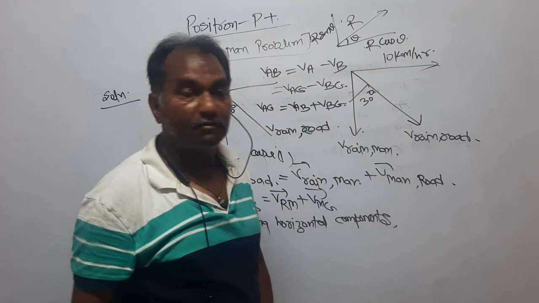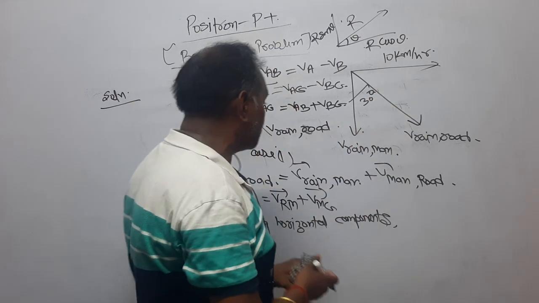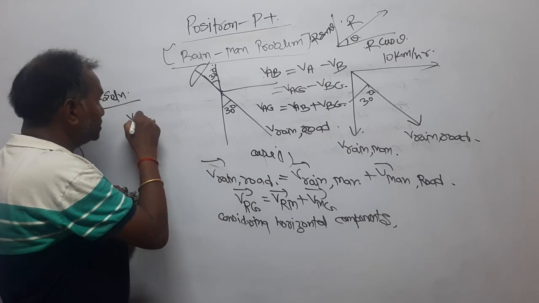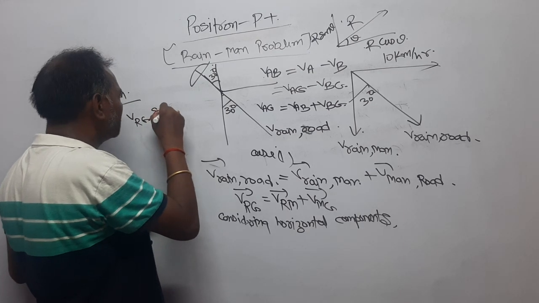In a similar way, this is away from the angle, so it is a sine component. It becomes VRG sine 30.